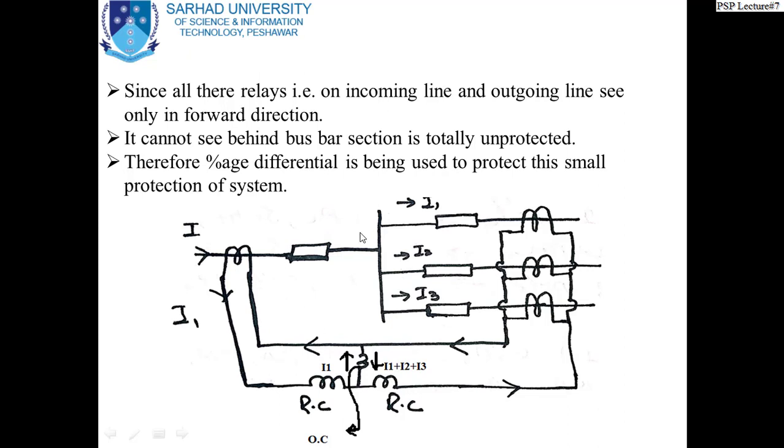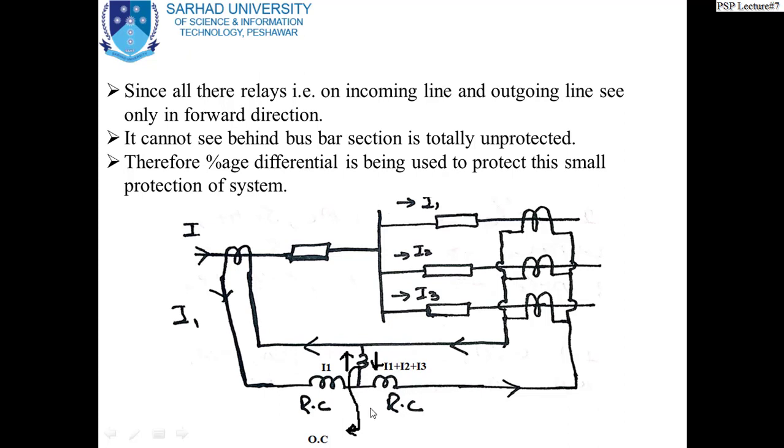Let's say for example the fault occurs here. When the fault occurs here, naturally the outgoing current will be equal to 0. So only one current I, which is actually the fault current, will be flowing in the operating coil, and the restraining coil will not provide so much restraining torque because the operating torque will be more than the restraining torque in that particular situation.